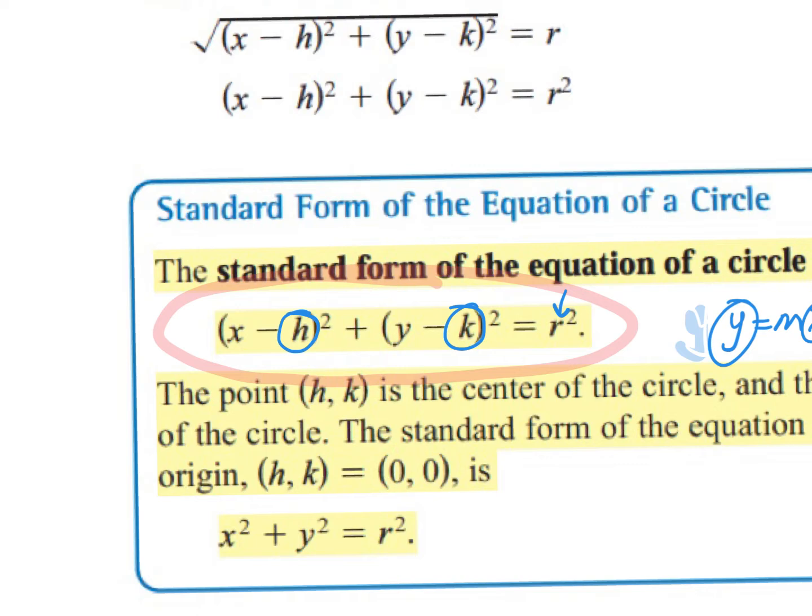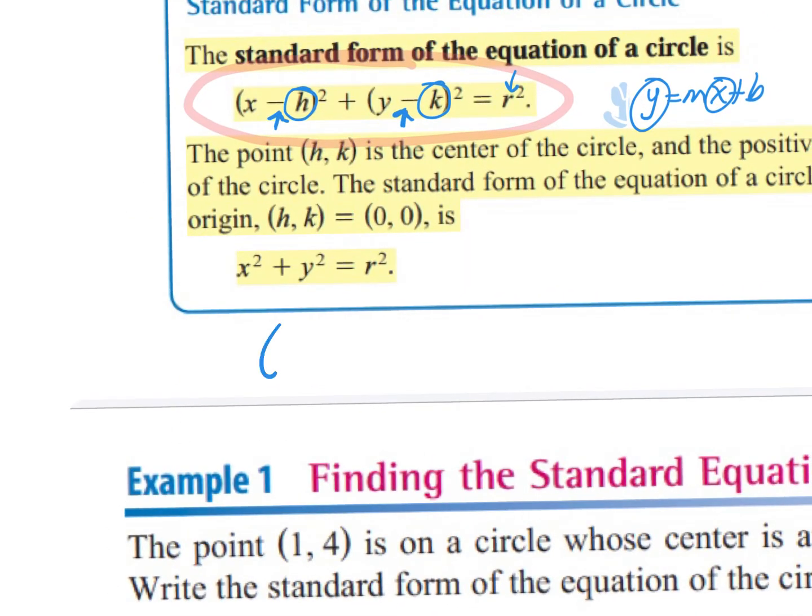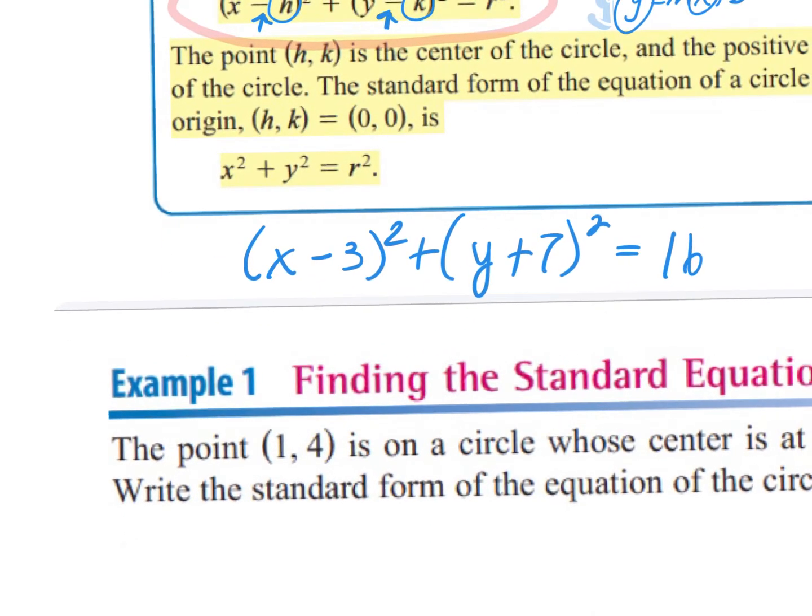What you guys need to pay attention to is the signs in the middle, right here, are what? Negative. So when you plug a negative number in there, it becomes what kind of a sign? Positive. Okay? Just got to make sure that you remember to switch. Like if I said x minus 3 squared plus y plus 7 squared equals 16, and I said identify for me the center of this circle.